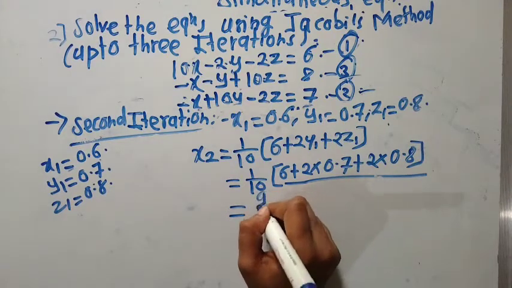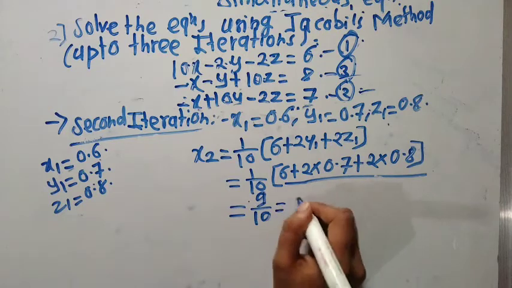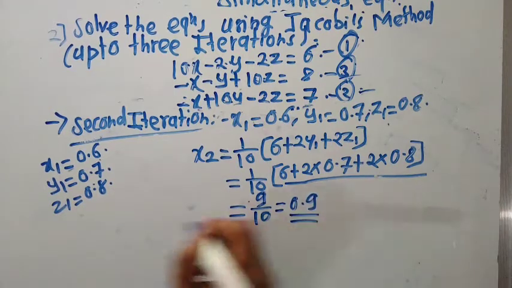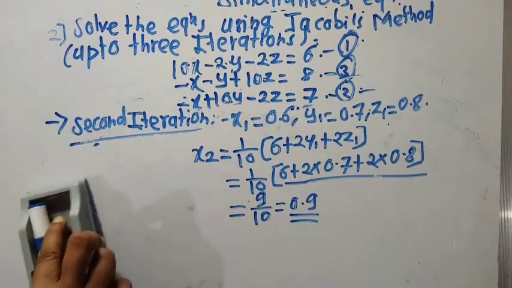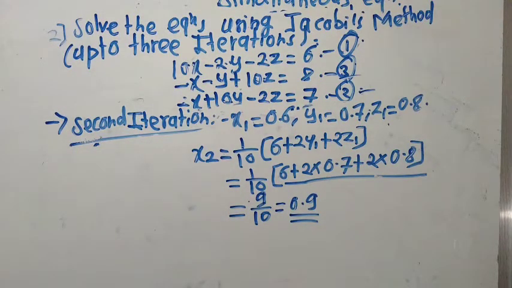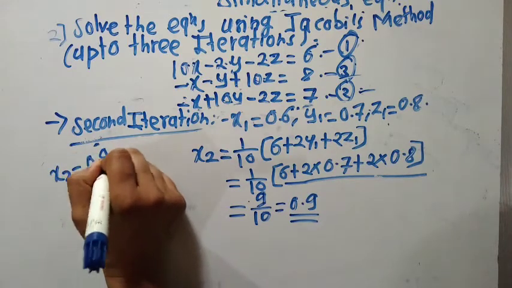So 9 divided by 10 is 0.9. It is x2. Hence x2 is equal to 0.9.